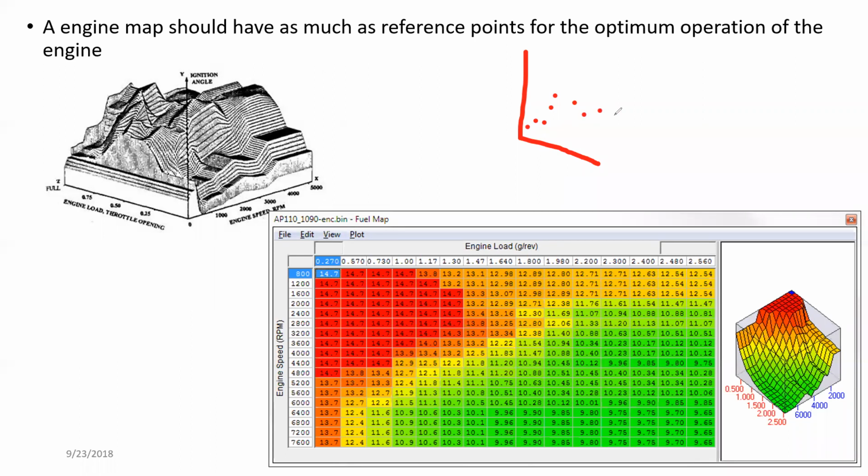This is the first graph. Then another graph is drawn for, say, 10 degrees engine load.